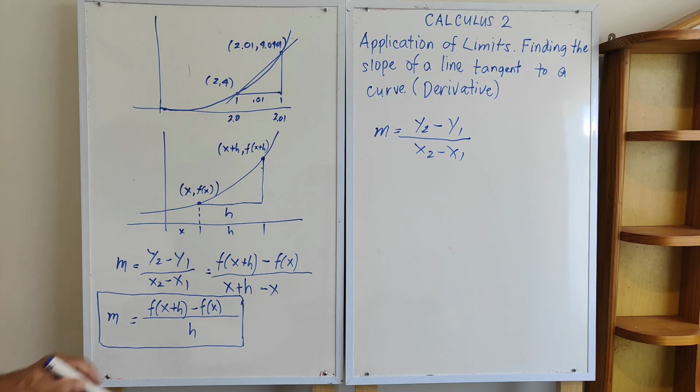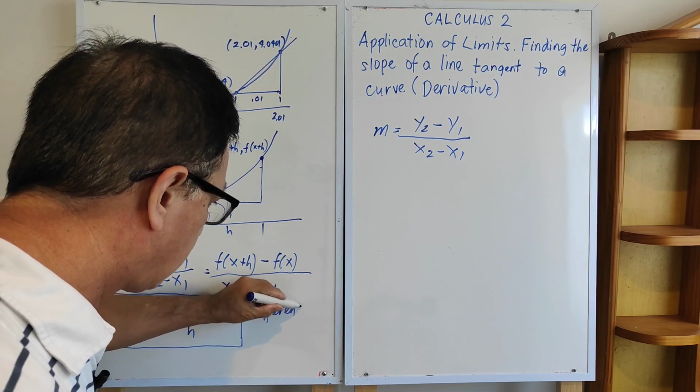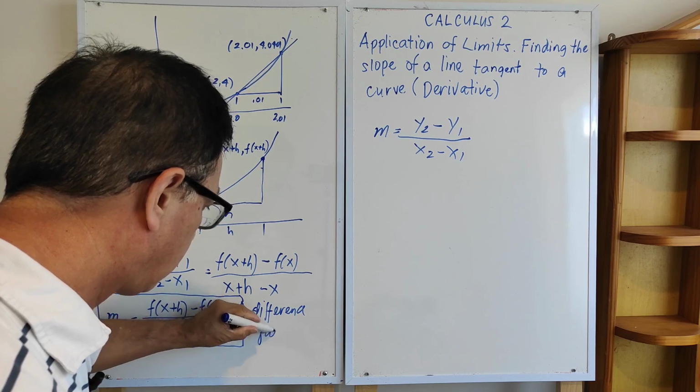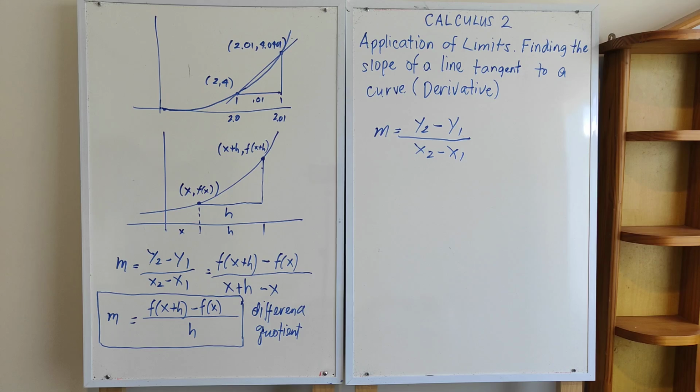They call this the difference quotient. They also call it f prime of x or derivative. But whatever you call it, it's the same.